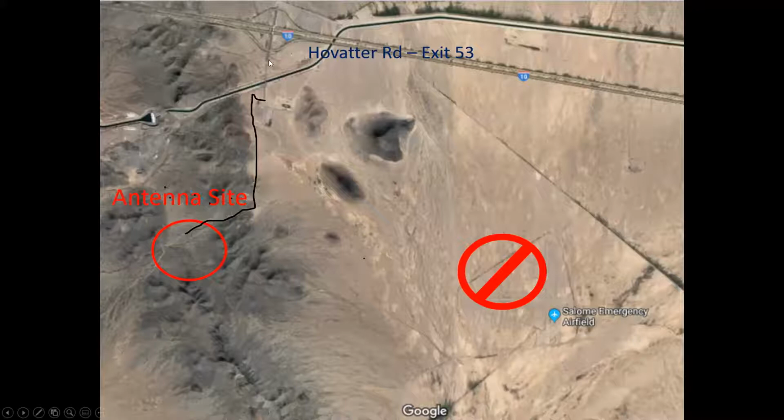So when you get off the freeway and take that first road headed south, instead of turning left to go to the airfield, turn right and follow that road around the antennas. There's a pretty easily marked turn where you would follow that down to the antenna site.